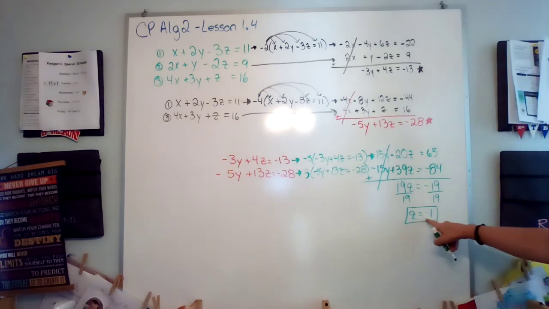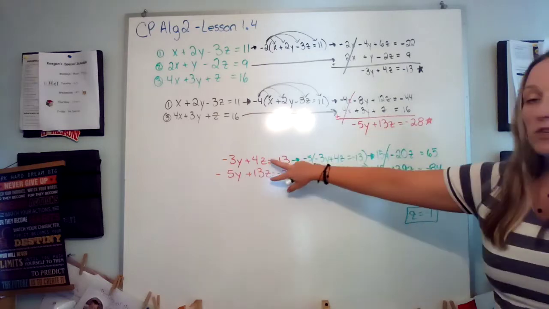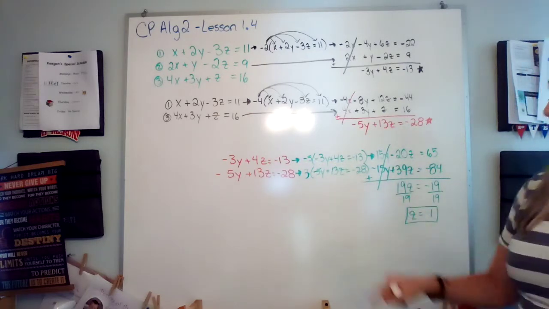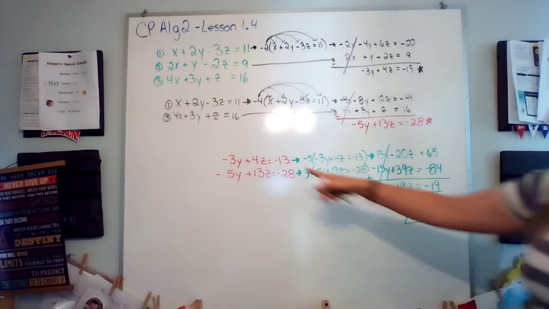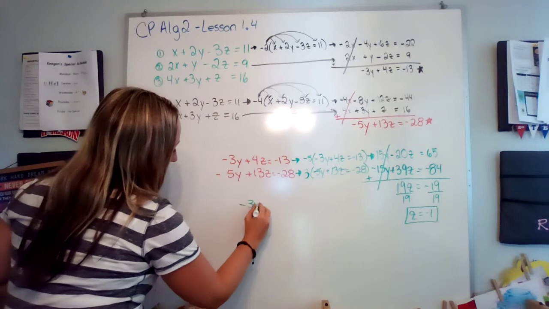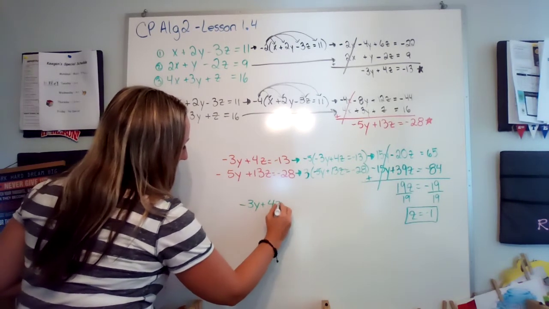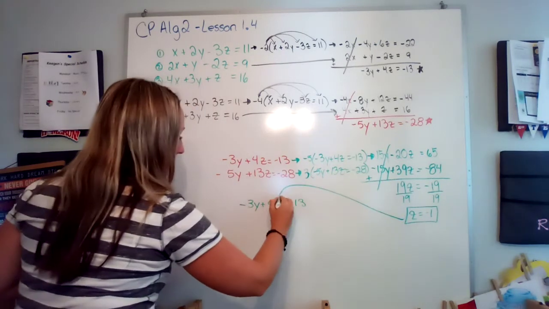So once you have the value of z, pick one of your star equations to plug the z back into to solve for the y. All right, so it looks like I chose the first equation, right? So if I take negative 3y plus 4z equals negative 13, now I can plug the z in here.